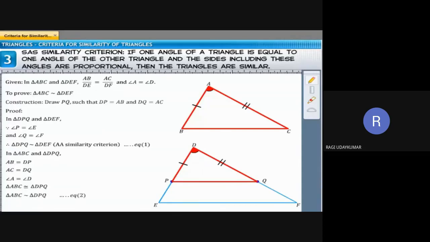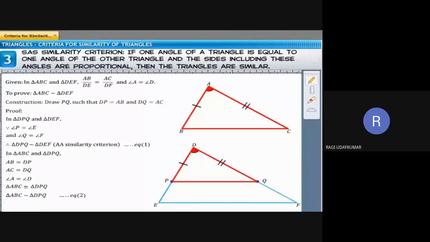Why are they congruent? This red color, whatever it is showing to you, they are congruent. By what congruency are they congruent? Can anyone say? Side angle side. Yes, very good.